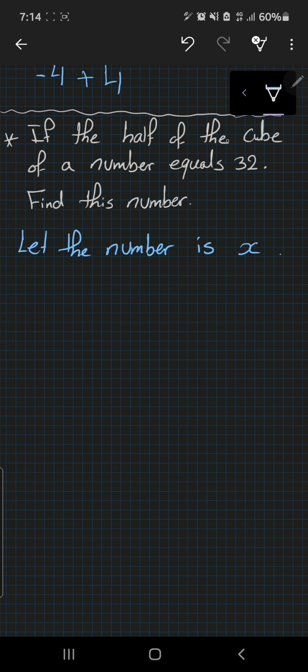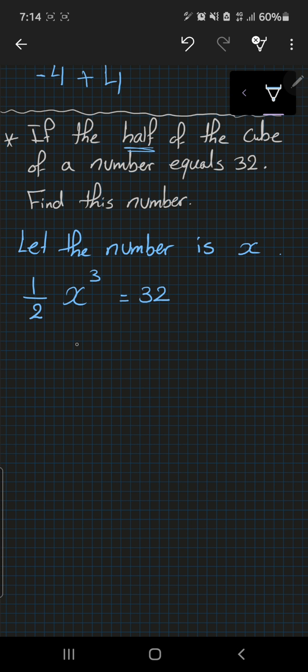If the half of the cube of a number, translate half of the cube of a number. What's the meaning of a cube of a number? We said the number is x, so the cube of the number will be x power 3, equals 32. Okay, it's an equation.